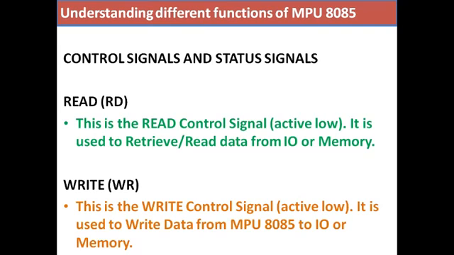We have to remember one thing: the microprocessor can do one thing at a time. That is, if presently the microprocessor 8085 is in the read mode, the write terminal will be inactive, and if it is in the write mode, the read terminal would be inactive.